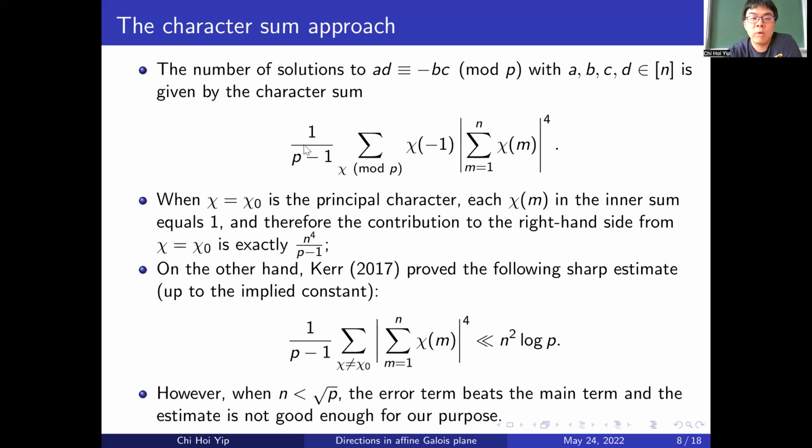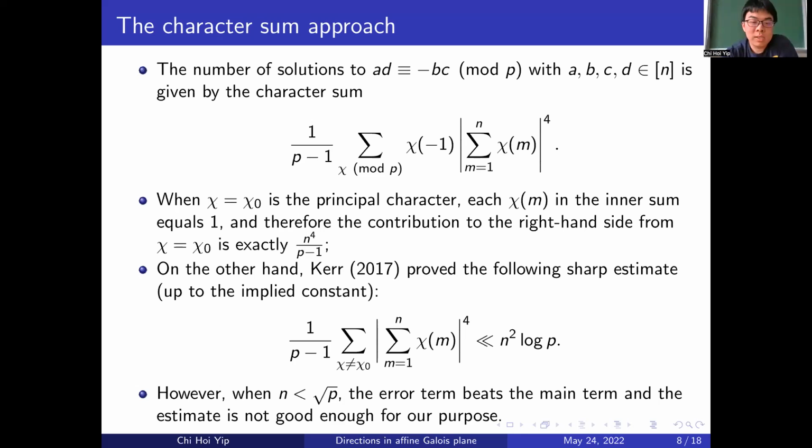So we have 1 over p minus 1 times the sum over all Dirichlet characters modulo p, where the summand is given by chi of minus 1 times this fourth moment. We break the sum into two parts, namely the contribution from the principal character and the contribution from non-principal characters. When chi is the principal character, each term is just equal to 1, so we just get n to the power 4 over p minus 1.